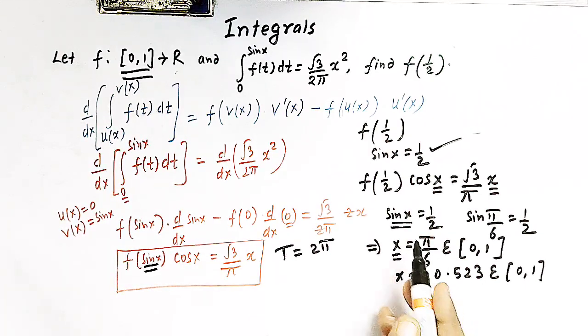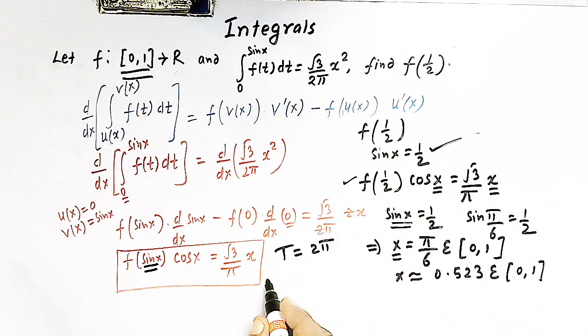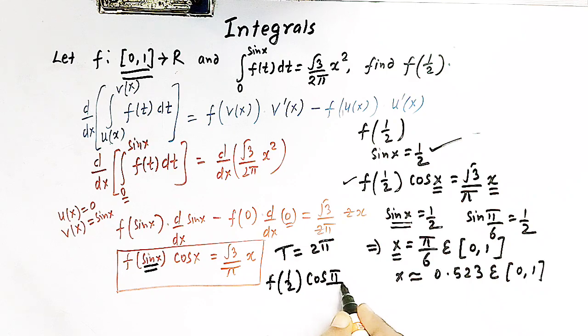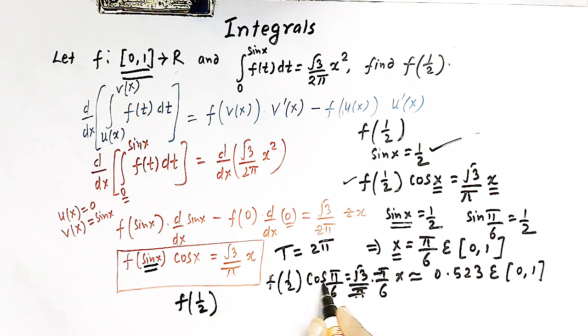Taking x equals pi by 6 in this equation, we have f(1/2) cos of pi by 6 equals root 3 over pi times pi over 6. The pi cancels, and cos pi by 6 is cos 30 degrees, equal to root 3 over 2, and on the right we have simply root 3 over 6.